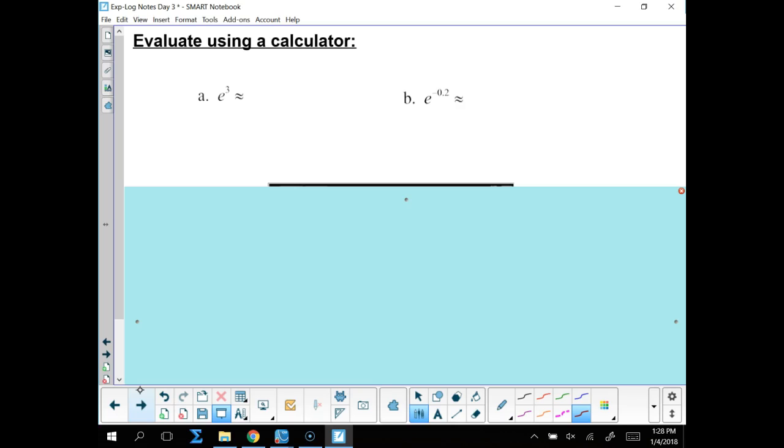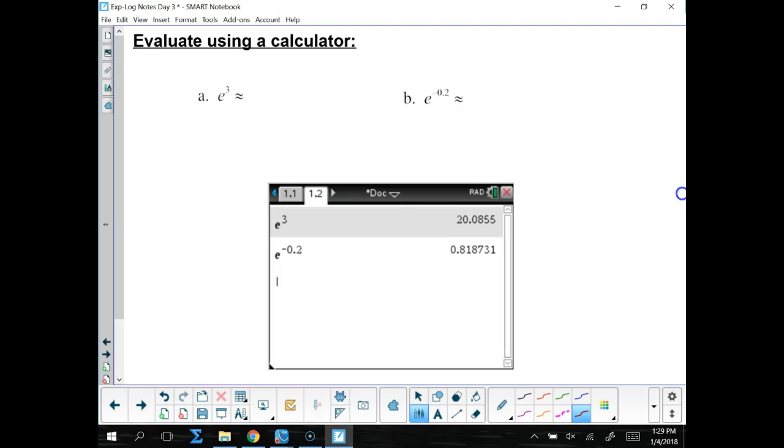Using your calculators, please calculate for me what e cubed is and what e to the negative 0.2 power is. So if I type it into my calculator, I get a lot more decimals, right? Now, when I'm giving an answer, though, we could probably round to, I think I have it on your homework.